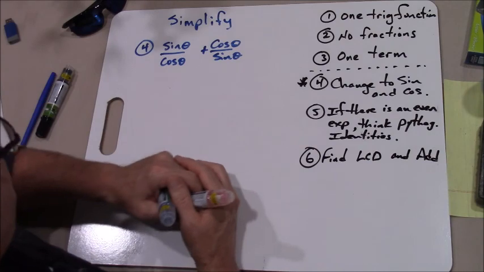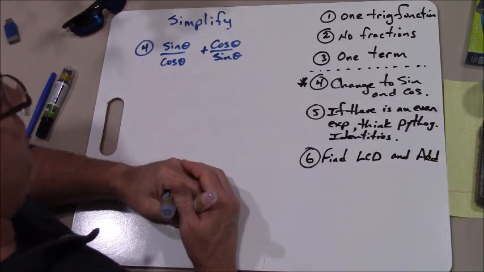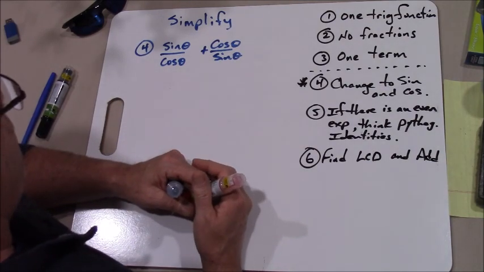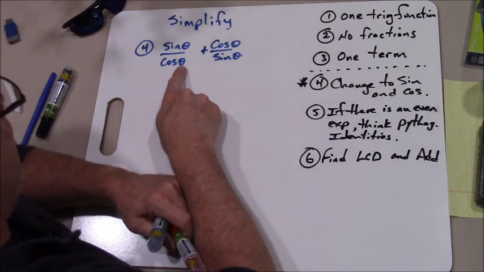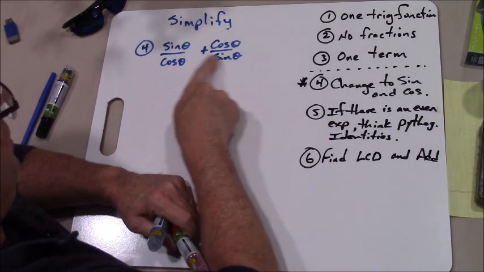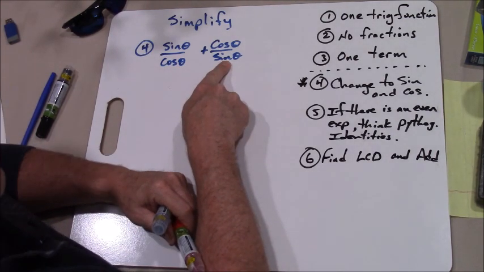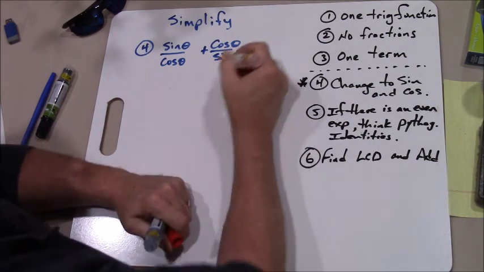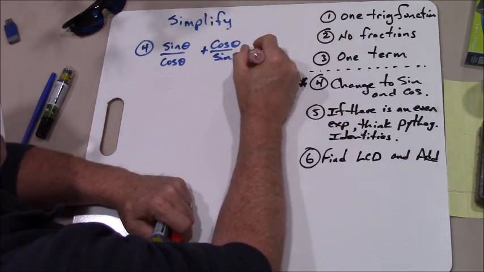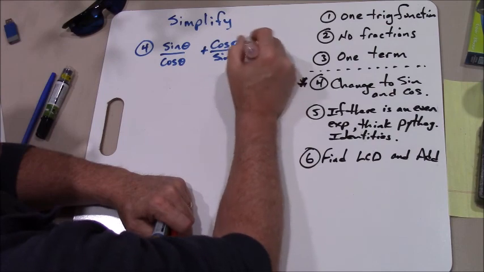All right, so we'll just go ahead and do this together because I know this is new to us. So if I'm going to do a least common denominator, I'll just say cosine theta times sine theta. That's my common denominator. And so to get that over here, I need to multiply top and bottom by a cosine theta.